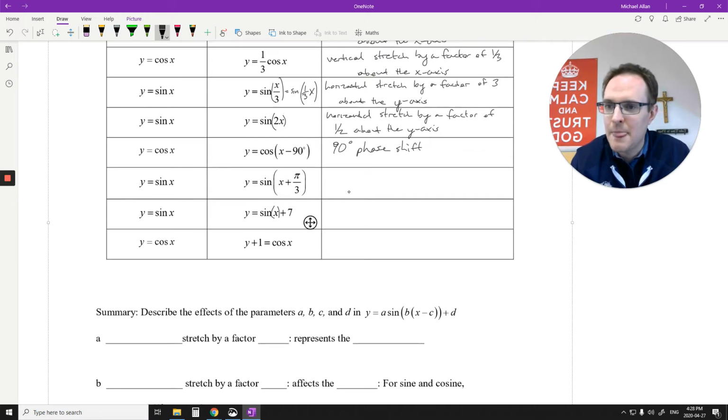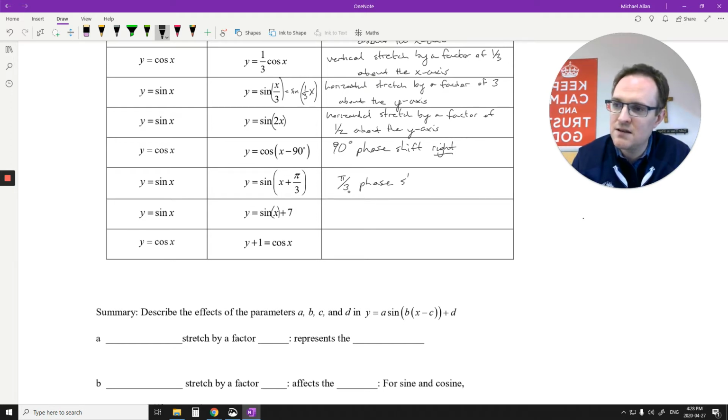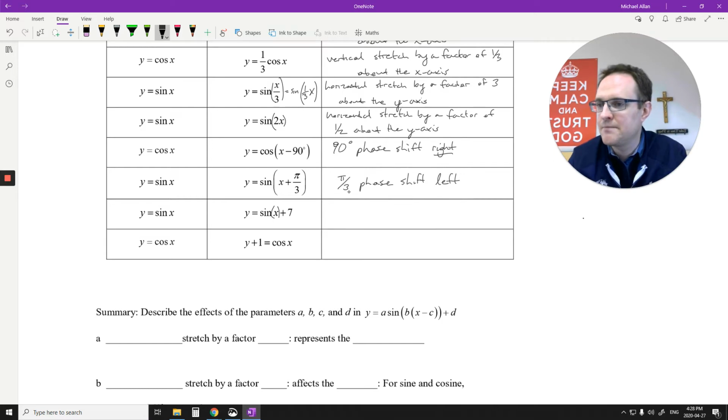Is it going left or right? Because of the negative, this is going right. Very key. This is also going to be a pi/3 phase shift. And because this is plus pi/3, this one's going to be going left.